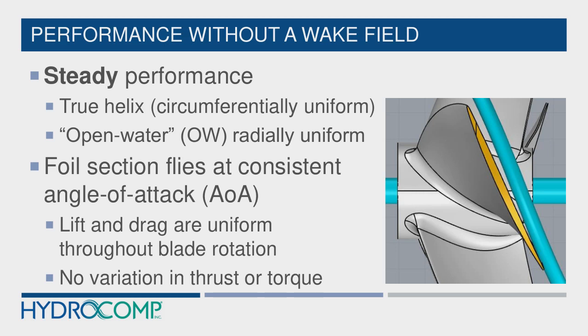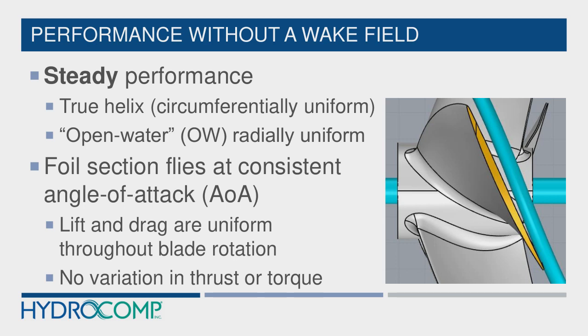First, we'll talk about steady performance, and that's really performance without a wake field, by which I mean without circumferential variation. Now, it's a true helix, uniform across its entire rotation. If it's also radially uniform, which means all the velocities are the same around the rotation and from root to tip, we get a constant velocity case, and that's what's termed the open water case. We would only see that in model tests, for example, of propellers with no shaft angle.